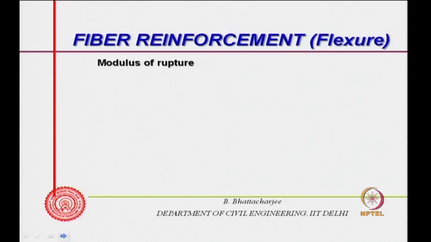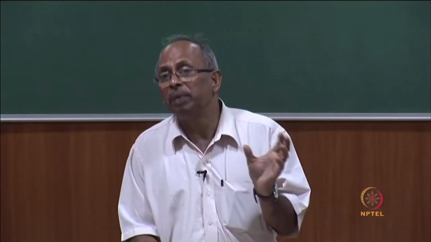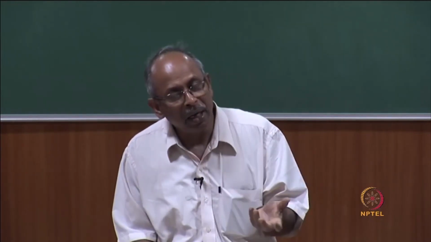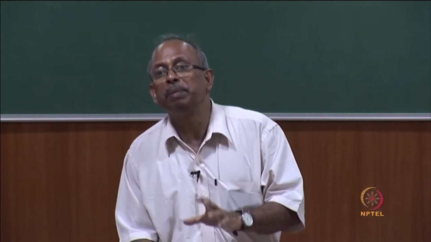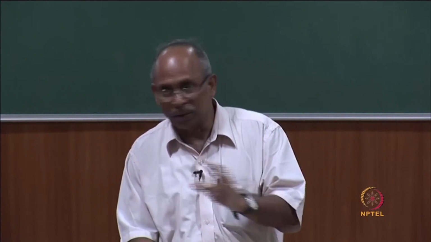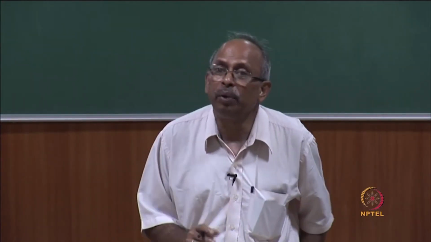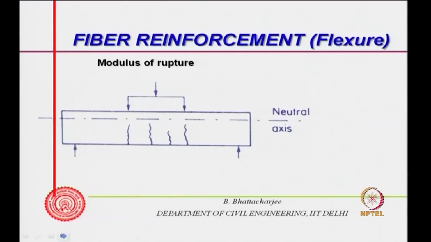Now, in flexure we are talking of improvement of the matrix itself, that is why we are talking of modulus of rupture. As I mentioned earlier, it is not the same thing as conventional rebar; it actually improves the material itself, and therefore we are talking of modulus of rupture of the concrete. This is how we test the modulus of rupture: third point loading, L by 3, L by 3, L by 3.